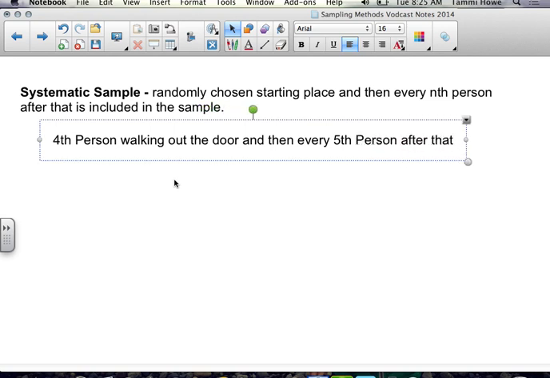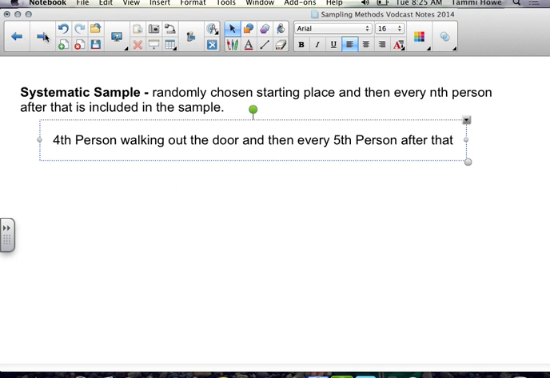So I'm going to have to be outside the door, 1st period, 2nd period, 5th period, 7th period, and 8th period, because I'm going to have to catch that 4th person walking out the door, 1st period, and then I've got to do every 5th person after that. I think that would be the easiest way to do it, because I've got to get it from my population.